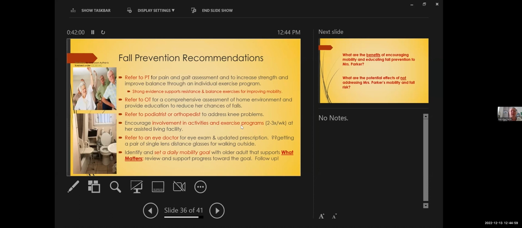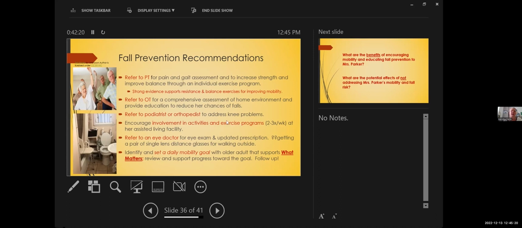It's recommended to get 150 minutes a week, so 2 to 3 times a week of working out, maybe in a group, which may help her feel less blue and depressed. And exercising is also going to help break that cycle of fear of falling and decreased mobility.